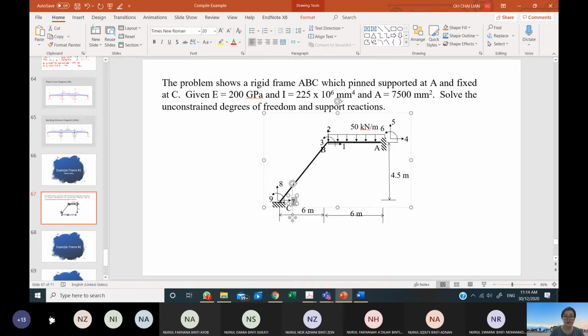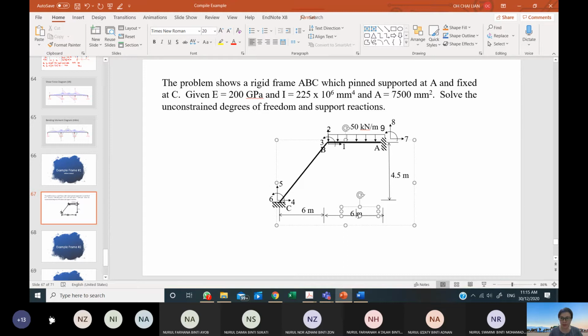I want the DOF. I'm so sorry. I want to move this DOF to 4, 5, 6, 7, 8, 9.